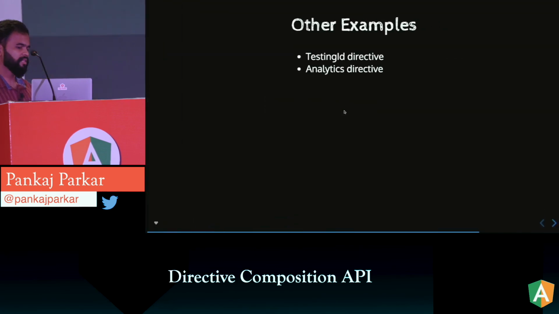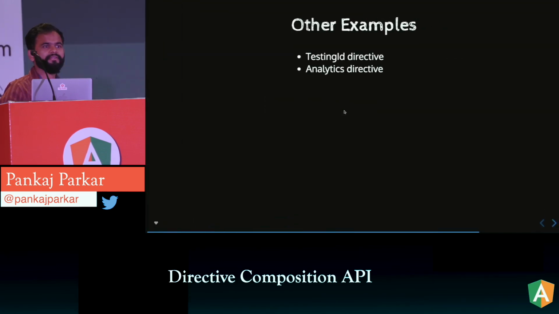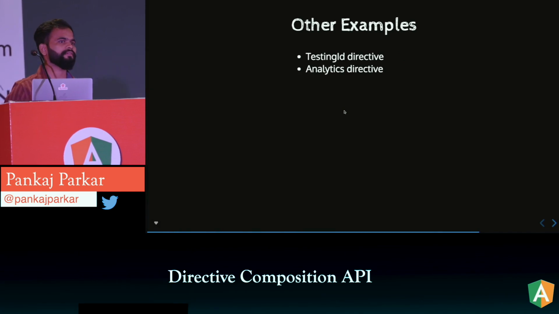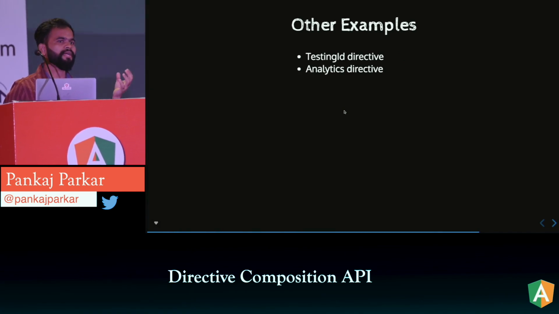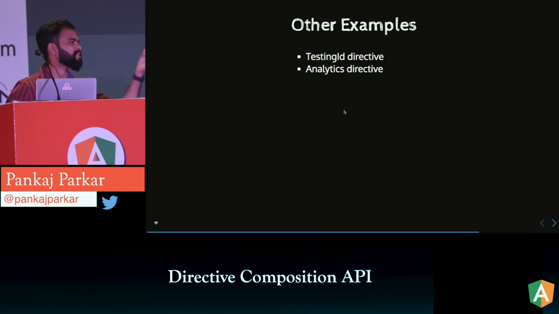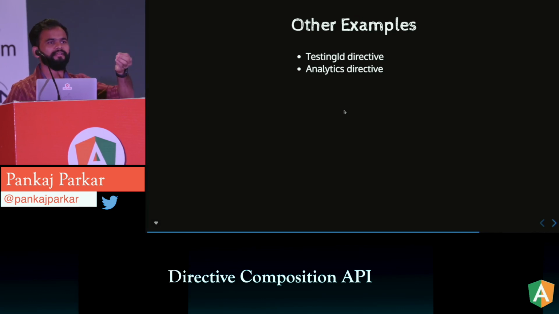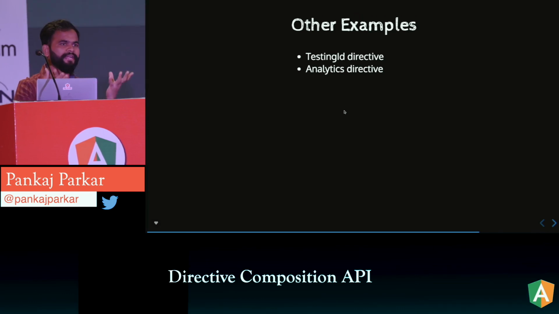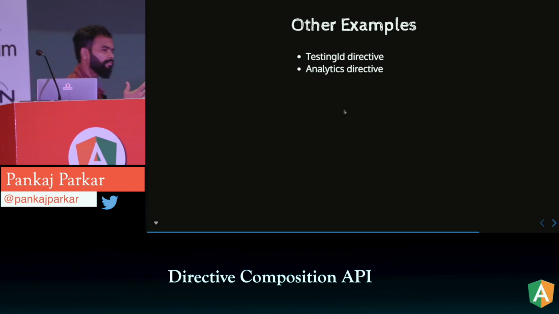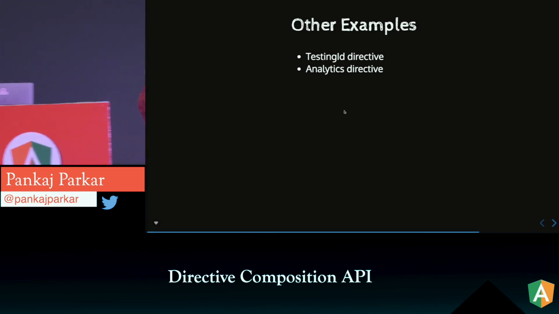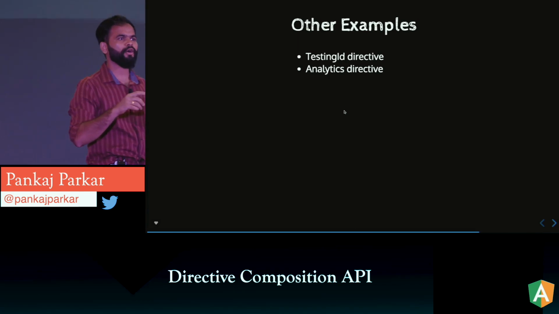What are the other things, like analytics? What is analytics? The marketing team needs some kind of statistics based on where the user goes and what they click. So you can create an analytics directive that keeps track of your component clicks, what exactly was clicked, what users scroll, and all those things.